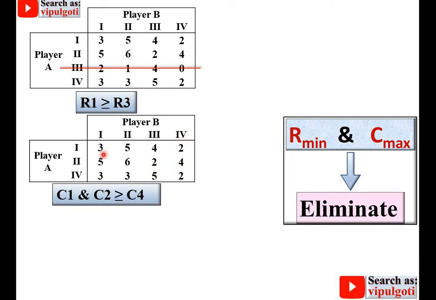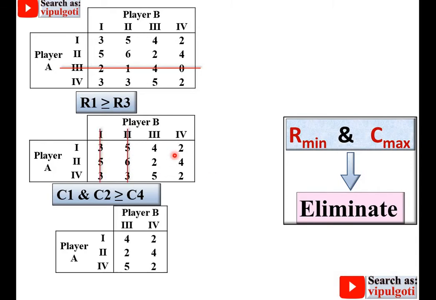And here you can see 3 is greater than or equal to 2, 5 is greater than or equal to 4, and 3 is also greater than or equal to 2. According to this dominance rule principle, column maxima should be eliminated. So both these columns are maximum, so they should be eliminated. So I am going to cancel column 1 and column 2, and your remaining payoff matrix is this one.